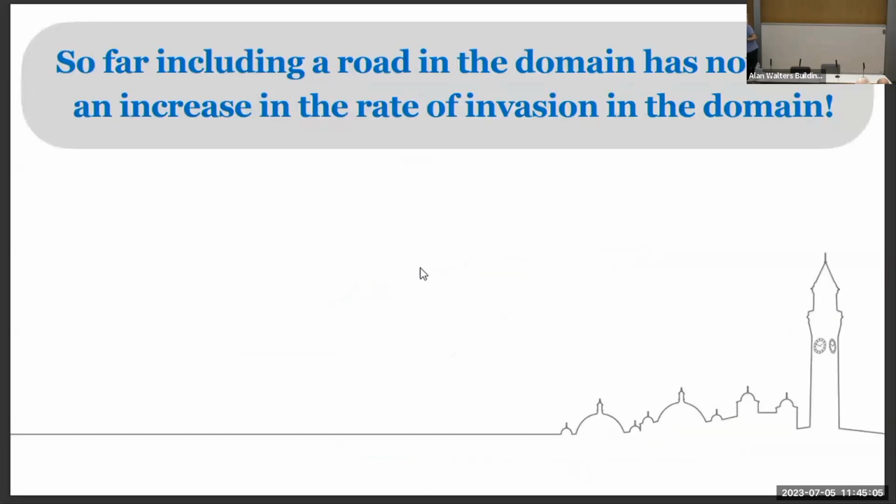But we still haven't seen overall that roads lead to an increased invasion in the domain.